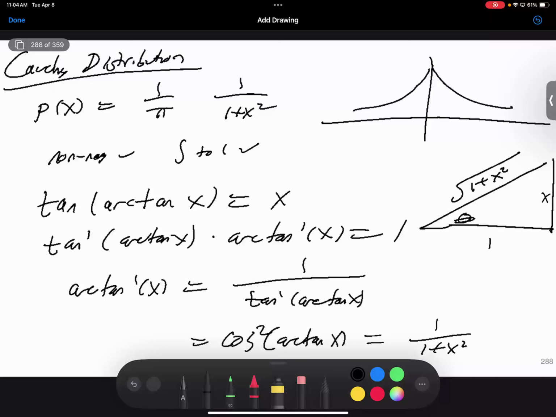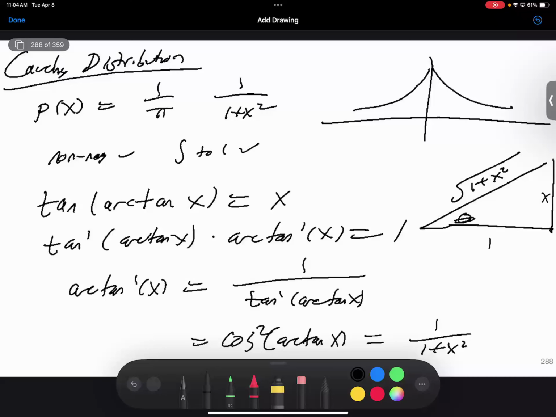It clearly does not have a variance that's finite. If I multiply by x squared and integrate, I'm integrating x squared over 1 plus x squared. Well, when x is really large, x squared over 1 plus x squared is basically just 1. So the Cauchy distribution does not have finite variance. So whenever you're testing things to see how general is the result, the Cauchy should be one of your go-to examples.